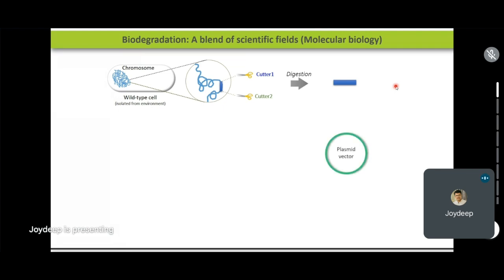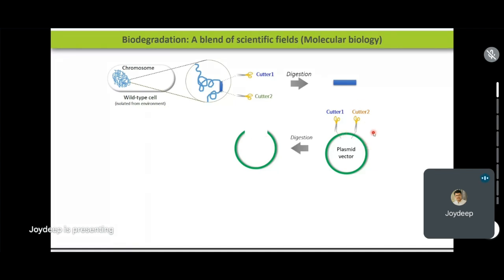And what we will do after that, we will take another plasmid vector which was isolated from some other organism, so a very standard plasmid vector, and we will digest this vector with the same restriction endonucleases or restriction enzymes which we used here, so cutter 1, cutter 2, so that it gets opened up and this fragment is lost.